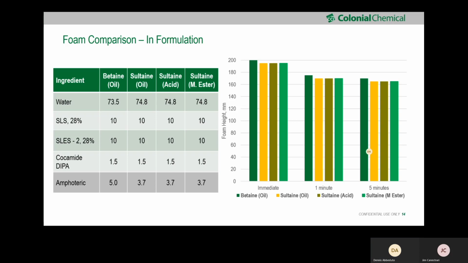So for the 35% solid betaine, we're using 5%. For the 50% solid sultaines, we're using 3.7%. Again, that's very little difference of note between these formulated products in terms of their foam performance when switching from betaine to sultaine.